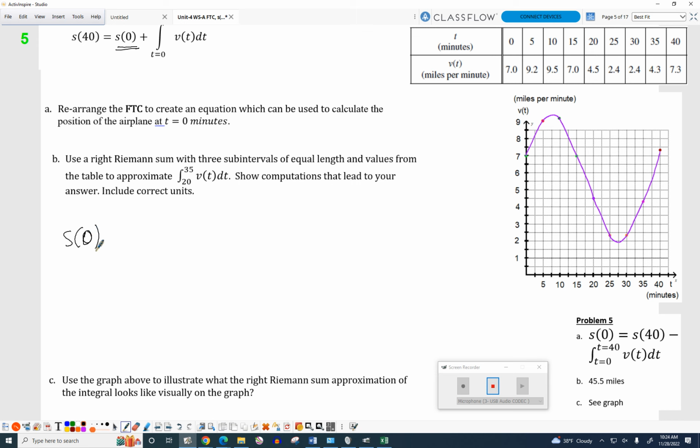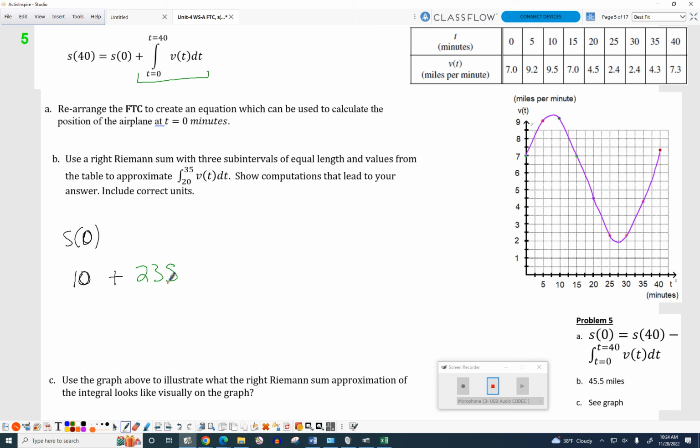If I know that, and then I calculate for the next 40 minutes how much my position is going to change, that's what the integral does. If I calculate my displacement for the next 40 minutes, that turns out to be 235.